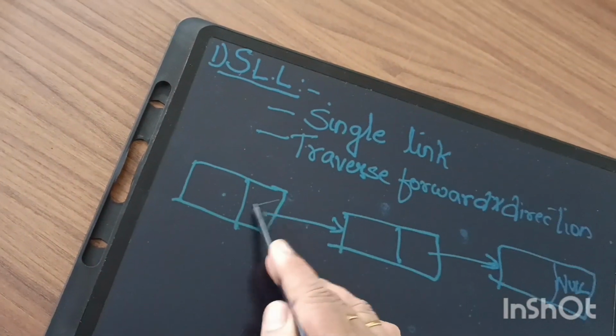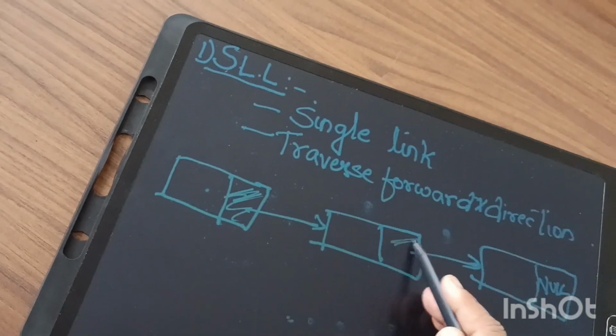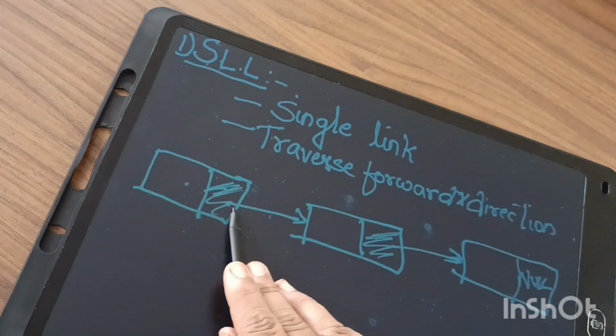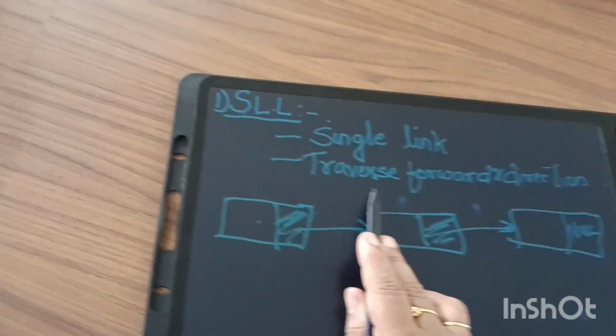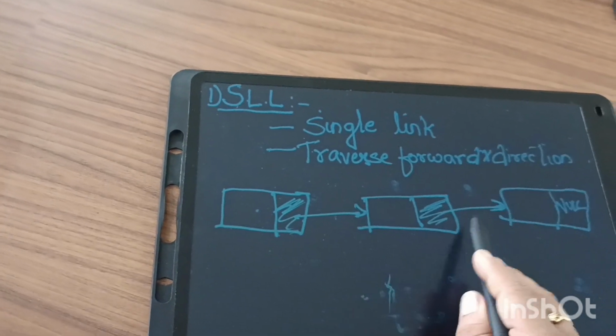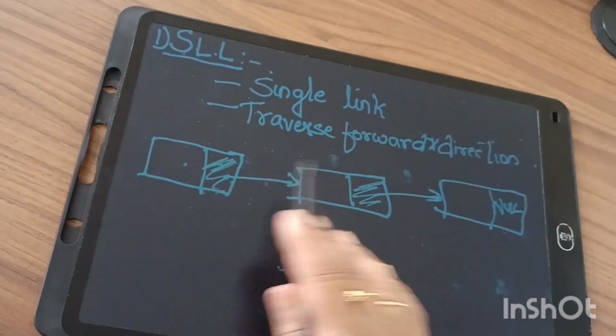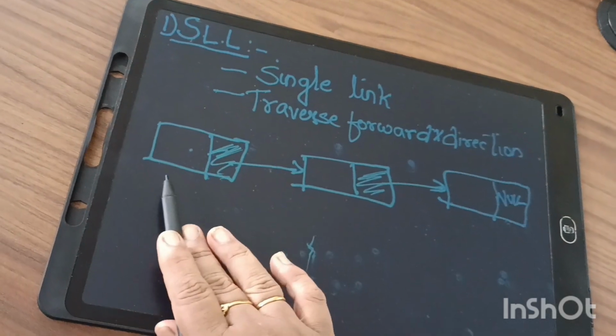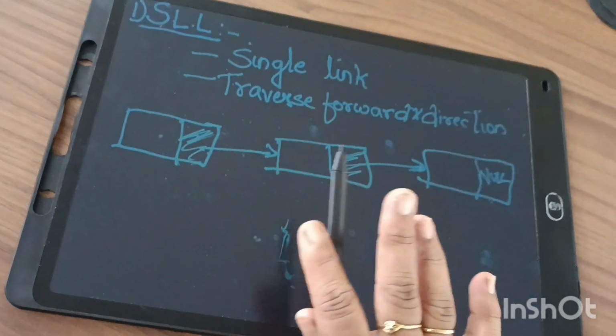So this is the link part. There is a single link, so it is called a singly linked list. You can only go forward, you cannot come backward. If you want to access backward, you cannot do it with the help of a singly linked list.